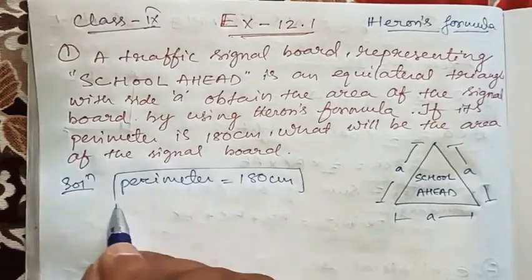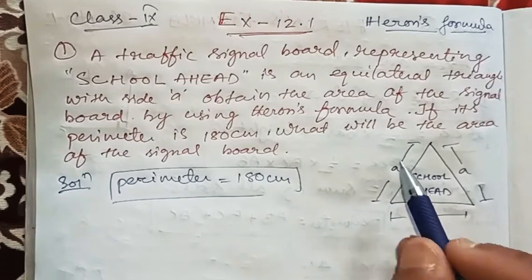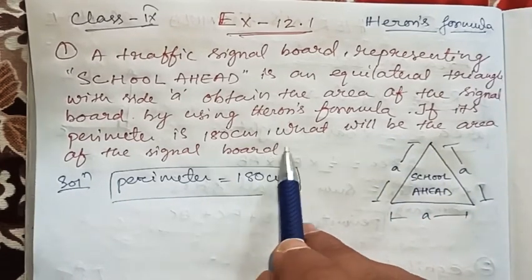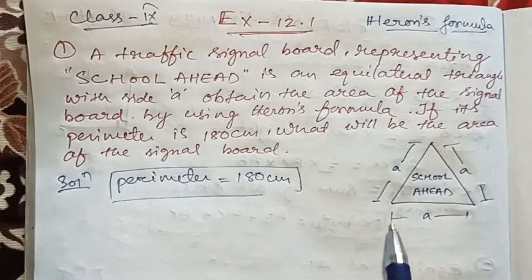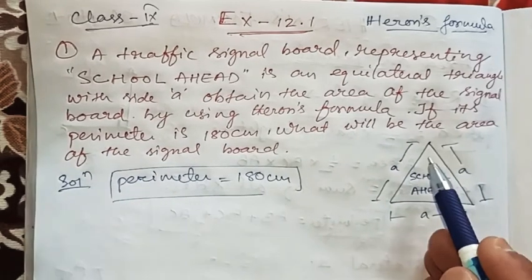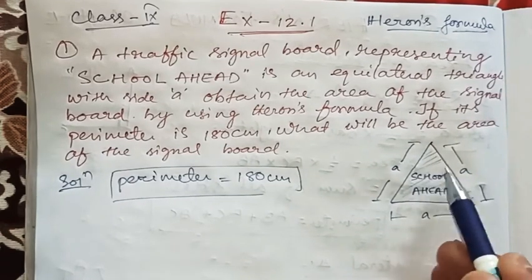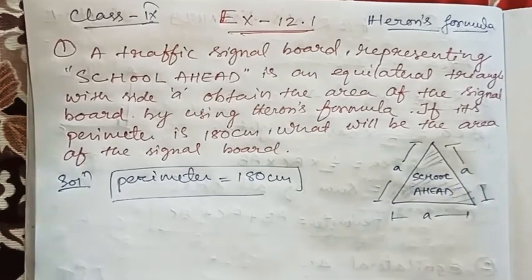What is perimeter? Perimeter means boundary of the triangle. If its perimeter is 180 centimeter, what will be the area of the signal board? We have to find out the area of this signal board.